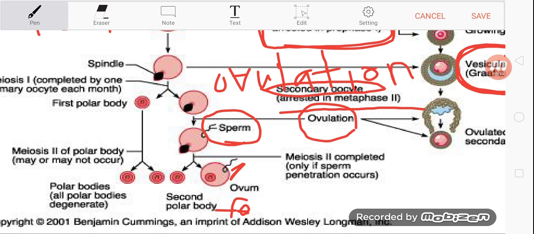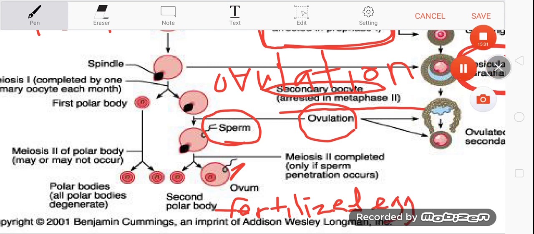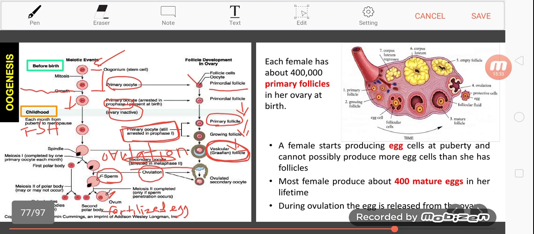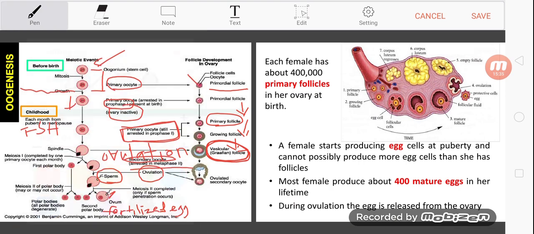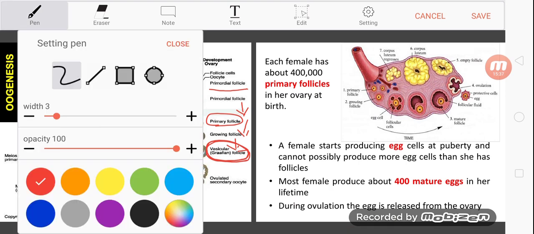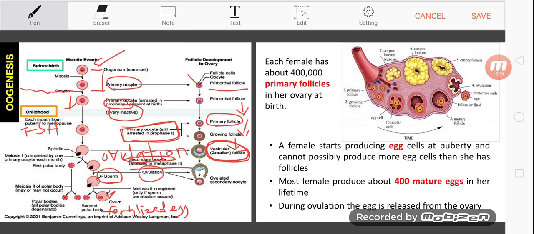Fertilized egg. So that's the overall story of oogenesis. This part over here.